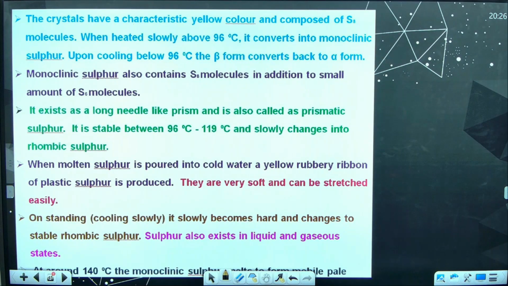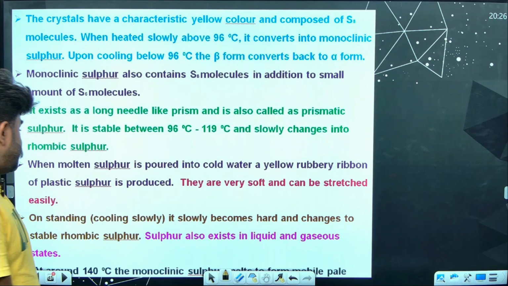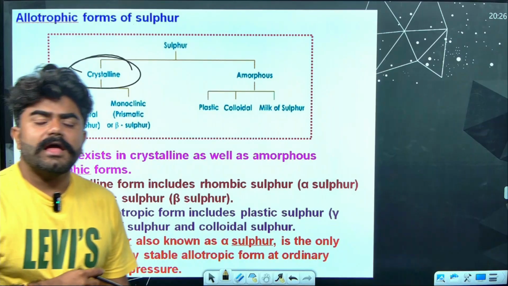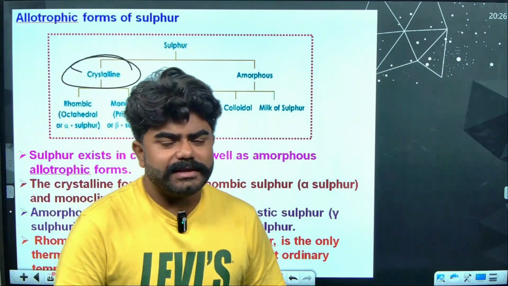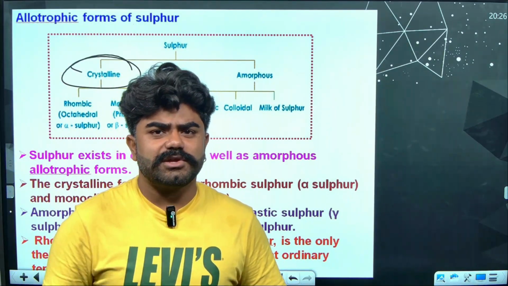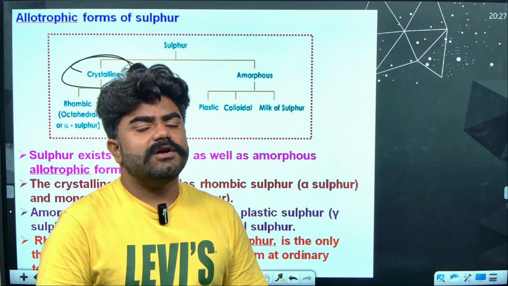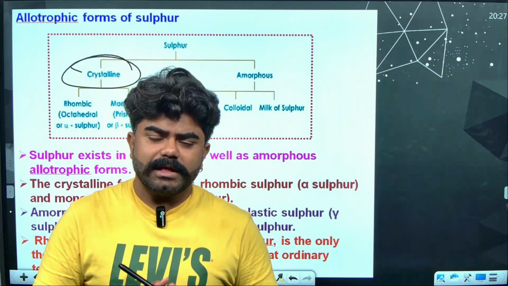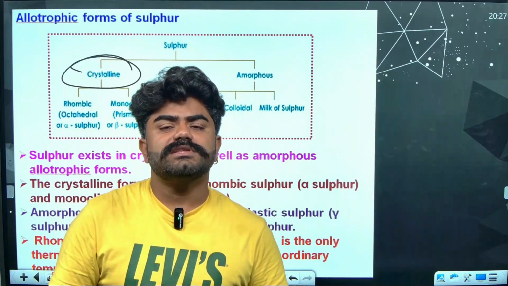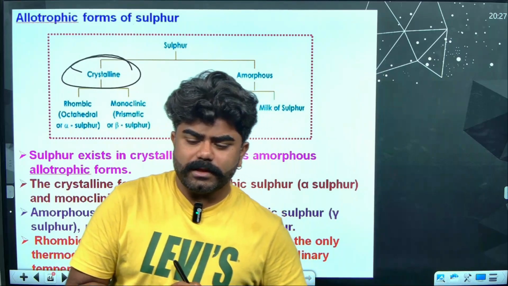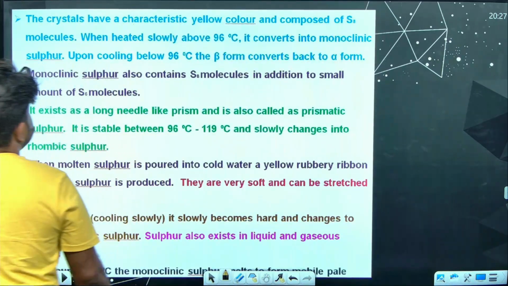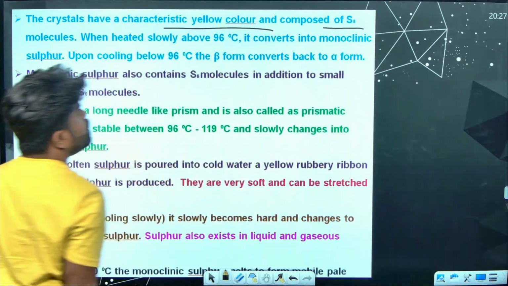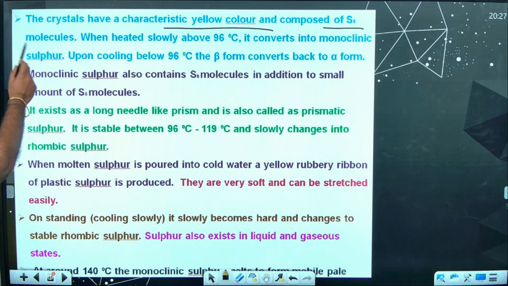Now we see that these crystalline sulfurs are the ones that will be in crystal forms. Amorphous sulfur will not be in crystal forms; it will be of a powdery nature, and that is what we call amorphous. Okay, so solids we can usually classify as crystalline solids and amorphous solids. Amorphous solids are in powder form, crystalline solids are crystals. Okay? So now the crystals have a characteristic yellow color and it is composed of sulfur S8 molecules.